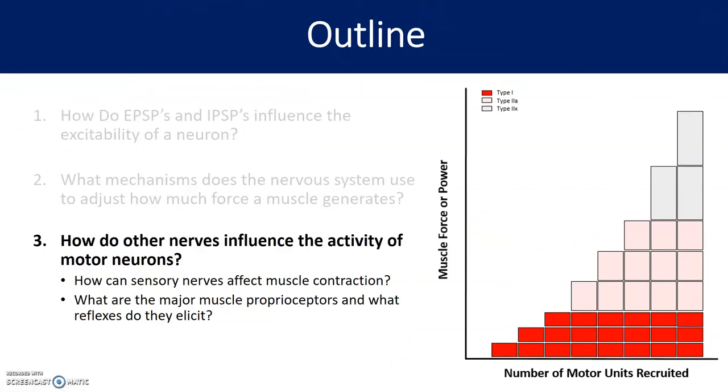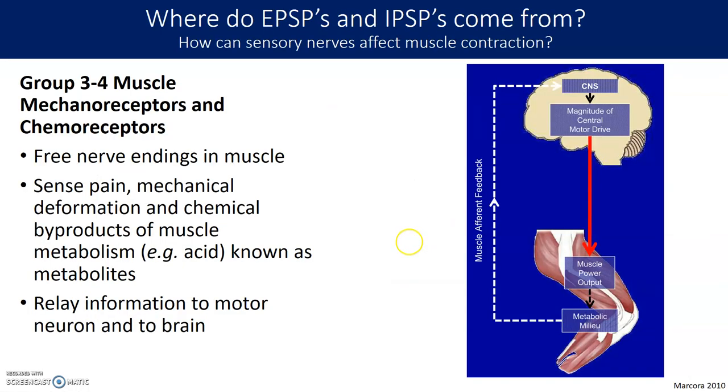Now, how do other nerves influence the activity of motor neurons, or in other words, where do EPSPs and IPSPs come from? One place is from the muscle sensory nerves, afferent nerves. For example, in your muscle, you have these type 3 and type 4 muscle afferents.